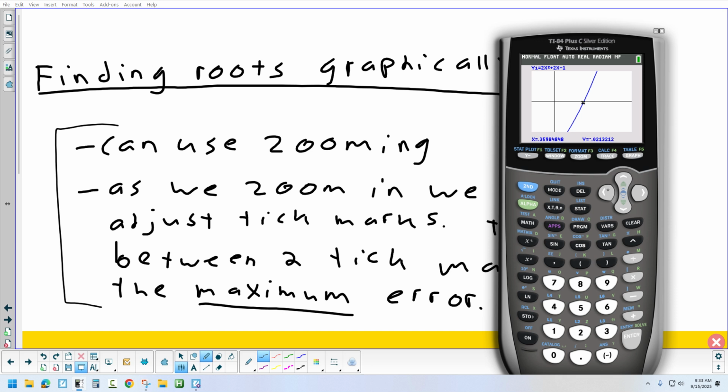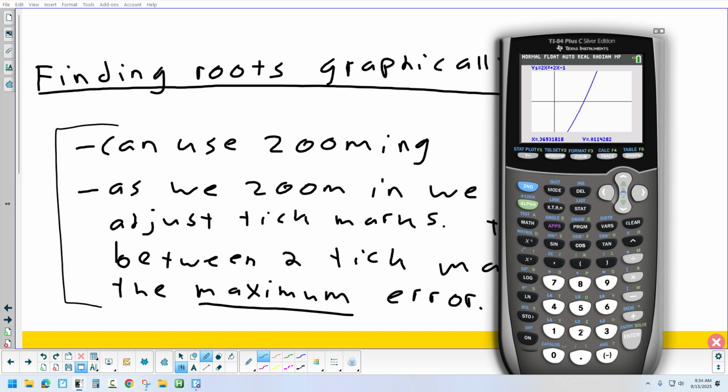So what that tells me is this root is somewhere between 0.3598 and 0.369. It's somewhere between those two. If I wanted to get an answer to 2 decimal places, if you round that, it's 0.36. And if you round that, actually that's 0.37.